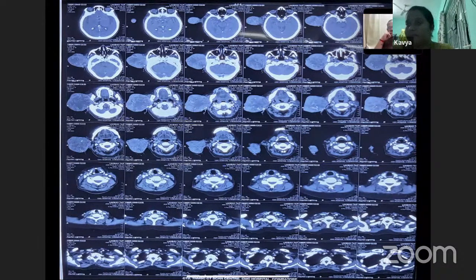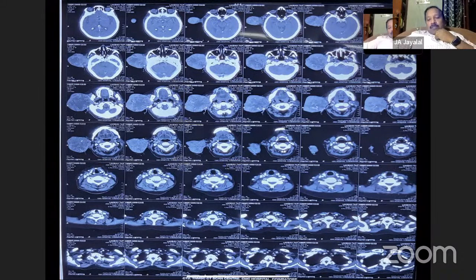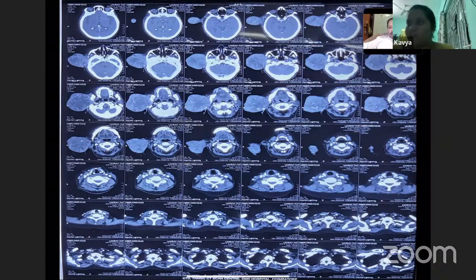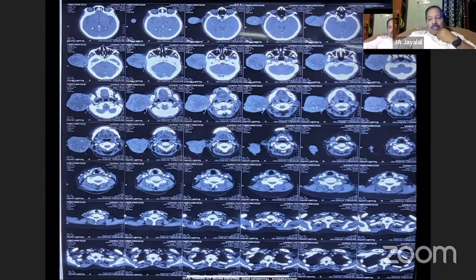MRI. So facial nerve involvement means it comes to what T? T4A, sir. So facial nerve involvement is only T4A. Only when it goes to the pterygoid plate do you make it T4B. What is T4B?